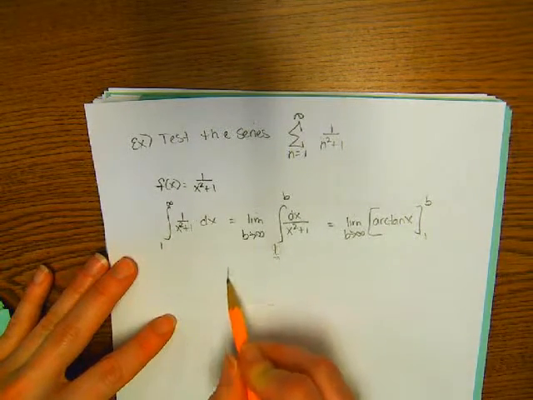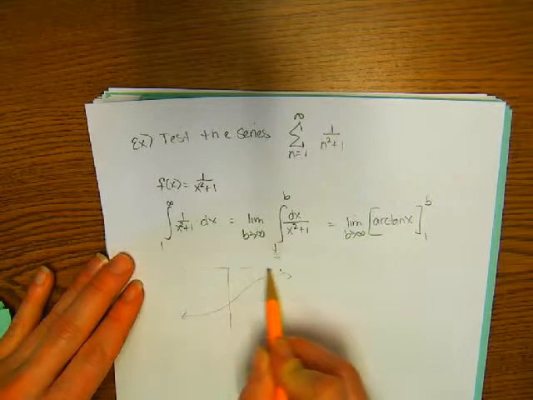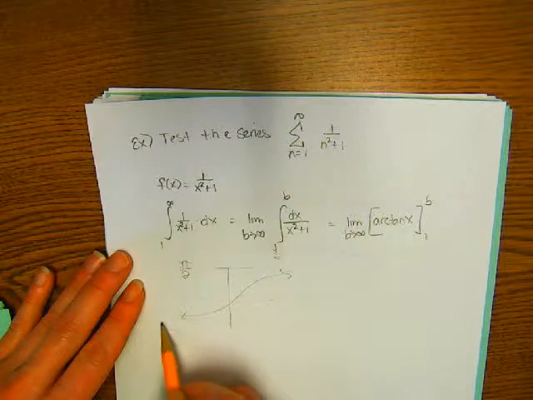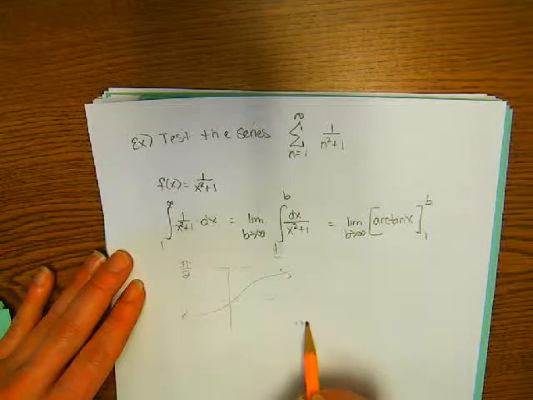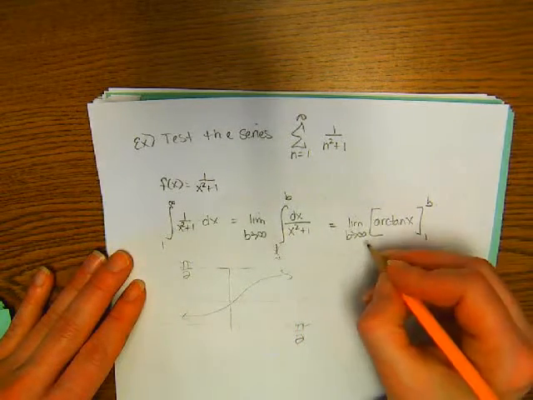Thinking about the arctangent function, let's just remember the arctangent function is the inverse tangent function. It's got a horizontal asymptote at positive pi halves and negative pi halves. So the limit as the arctan goes to infinity is pi halves.